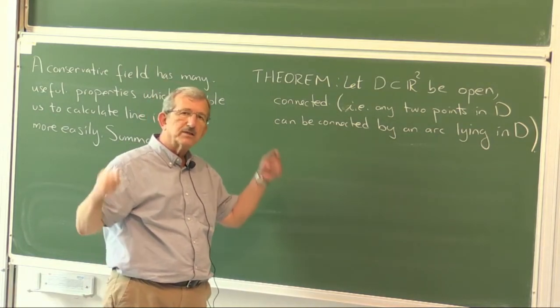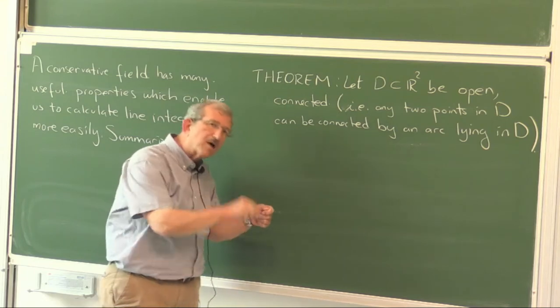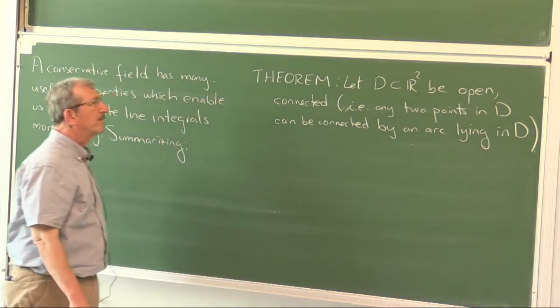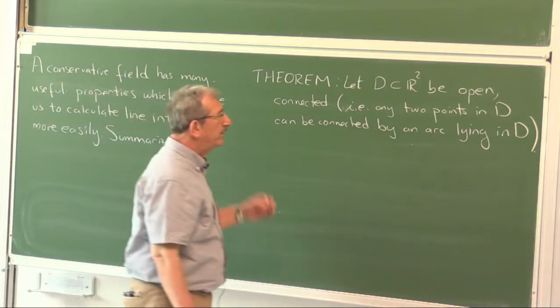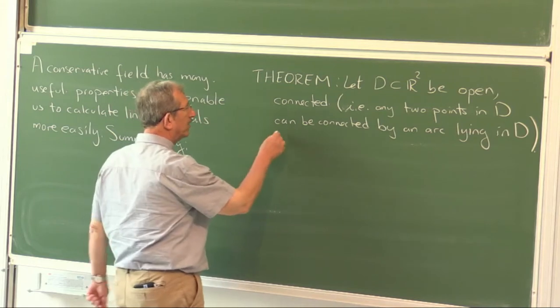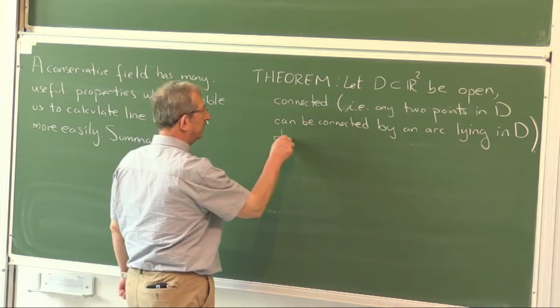You can always connect 2 points by an arc, and the arc lies inside D. So D will be an open, connected domain. Domain or set, they mean the same thing here.